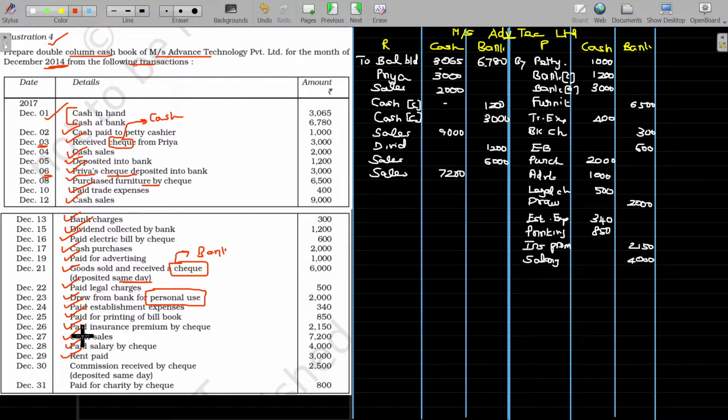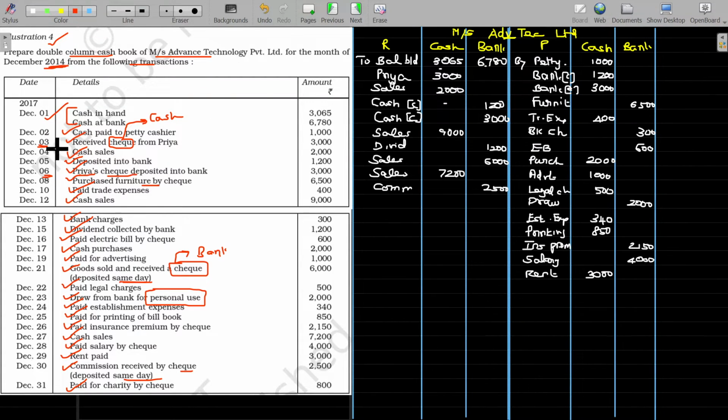Rent paid 3000 in the payment side, rent. I'll put that value in the payment side, especially cash column, 3000. It is assumed, by default you can assume this way. Commission received by check and deposited on the same date, so in the receipt side commission, that too received in the form of check and deposited into the bank the same date, so put the value in the bank column.